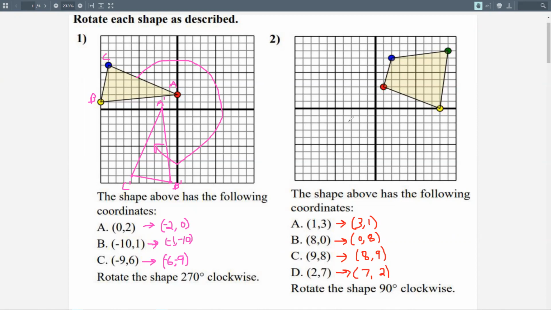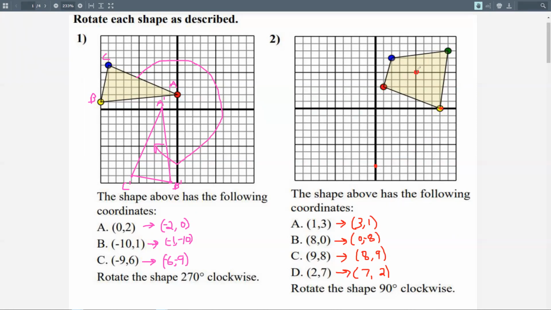Step 2 then is to find the signs. So let's start with this point here, point B. It's on the x-axis. So if we go 90 clockwise, it should end up on the y-axis. That's negative 8. So that's 0, negative 8. Okay, and the other points are in quadrant 1.